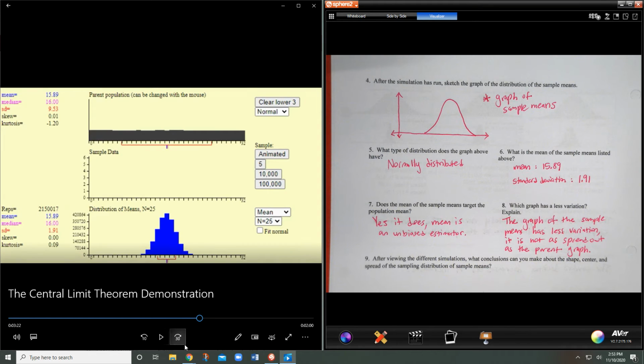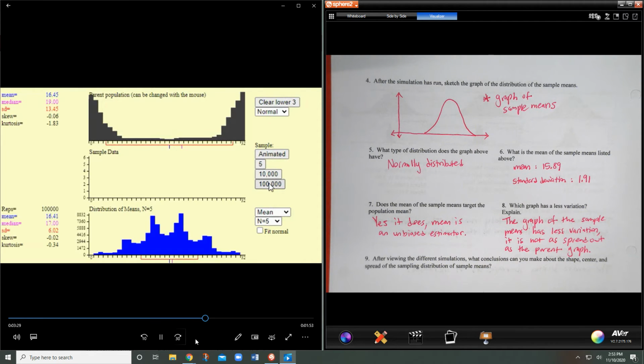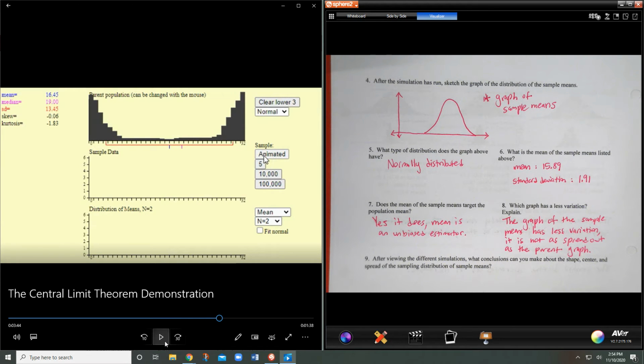Let's look at one more simulation here. This time we're dealing with a bimodal distribution.